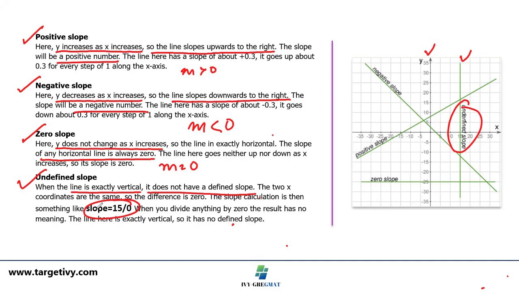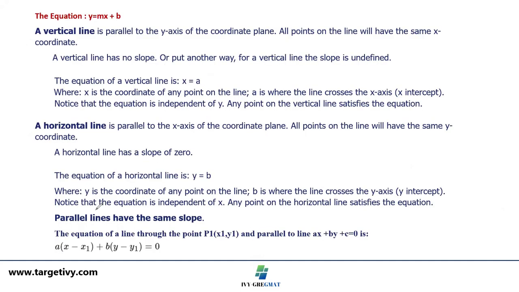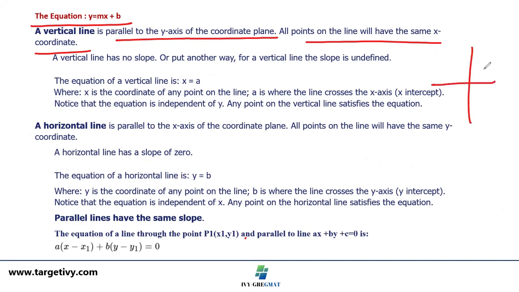Let's see. To understand this, the equation remains sacrosanct: y is equal to mx plus b. The vertical line is parallel to the y-axis of the coordinate system. All the points on the line will have the same x coordinate. If there is a vertical line, the x value doesn't change.